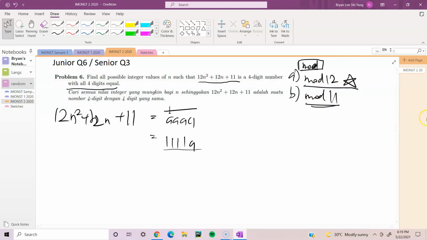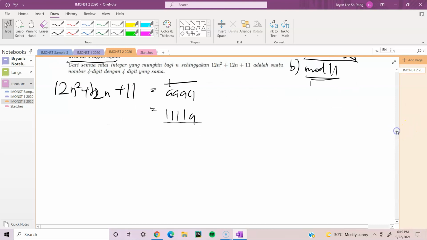Now, we know that 12n squared plus 12n is obviously a multiple of 12, so 12n squared plus 12n plus 11 is congruent to 11 mod 12, right?